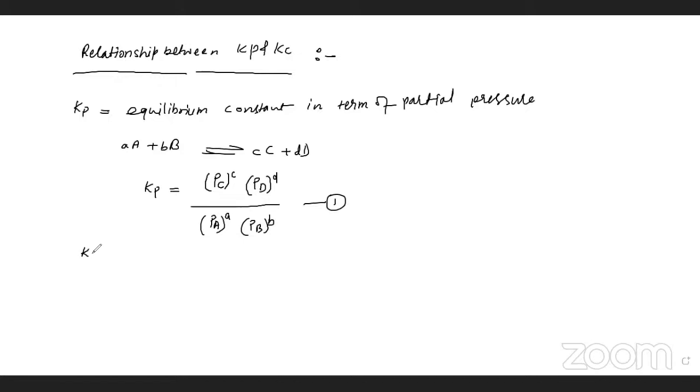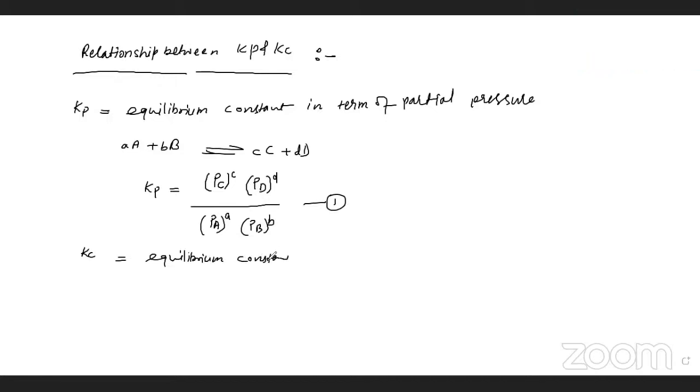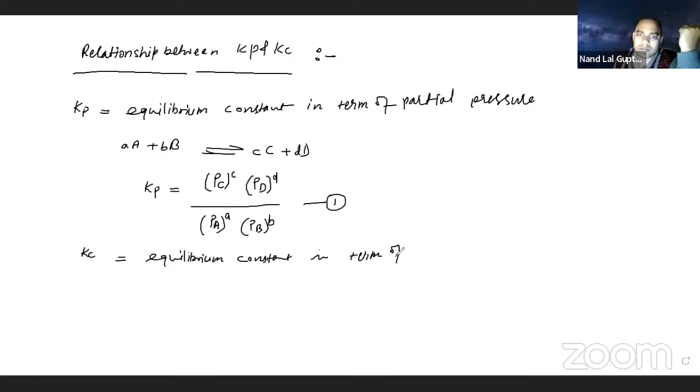Now, Kc. It is also an equilibrium constant, in terms of molar concentration. Suppose the same equation is there: a moles of A and b moles of B reversibly giving c moles of C plus d moles of D. So what can we write here?